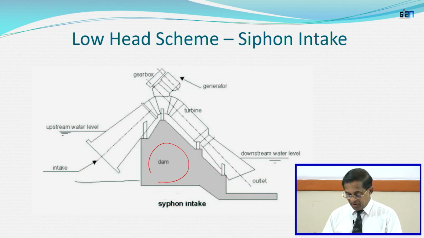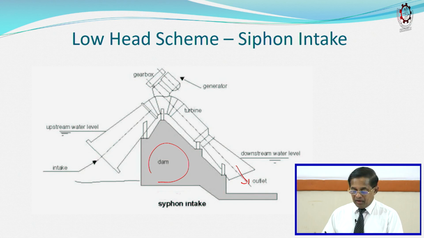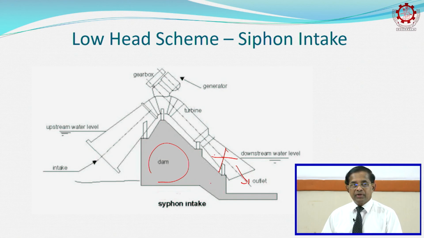Therefore, what happens is we can have this siphon action. As we might have experimented, if you fill this pipe and let the water flow, it will continue to flow because of siphon action. So, the initial water flow you have to do by employing pumps. You have to initially fill water by keeping the end closed. You can keep the valves on this side closed and then fill water, and once water starts to flow, it will continue due to siphon action, and you can keep a turbine and generator here.